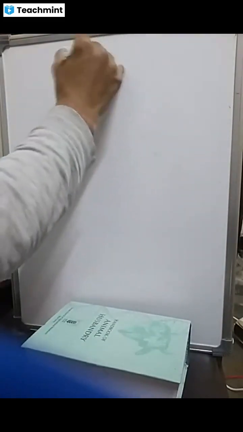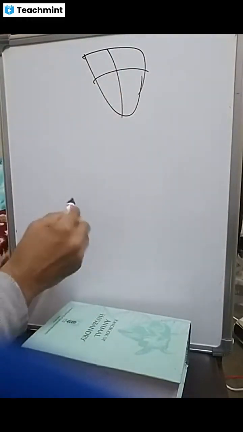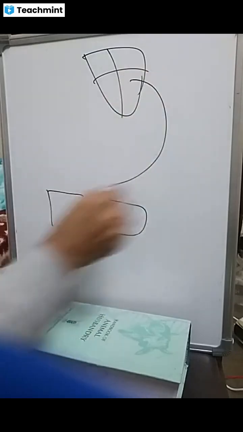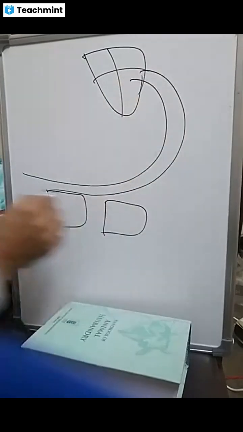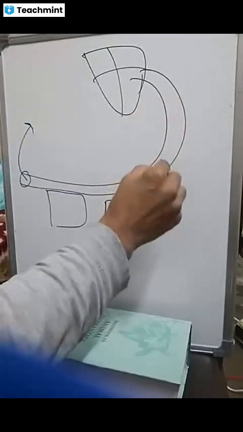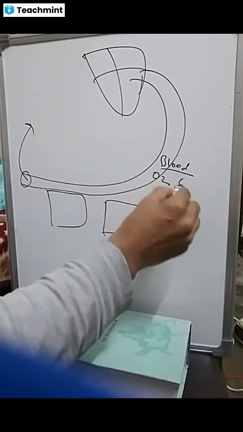Suppose this is the heart and this is the cardiac output or blood supply. This blood is carrying oxygen and glucose.